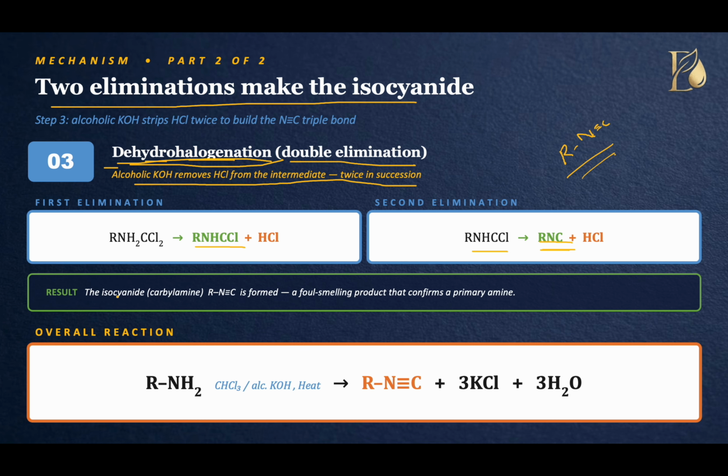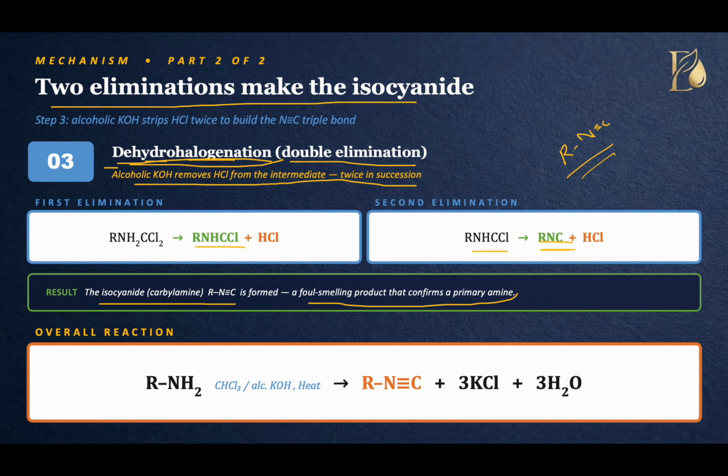As a result of this reaction, the isocyanide carbylamine RNC is formed, which is a foul smelling product that confirms the primary amine. So the overall reaction is that amines react with chloroform and alcoholic KOH, which on heating will produce isocyanide, and side products KCl and water.